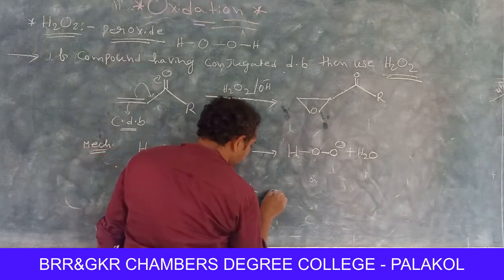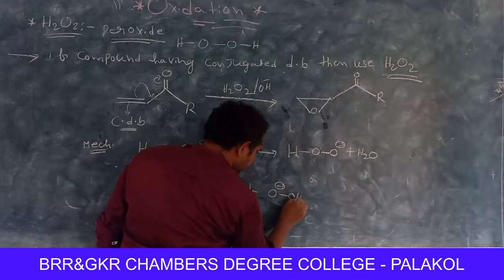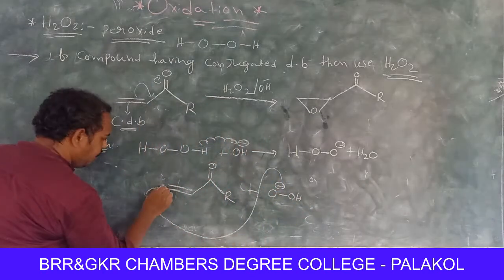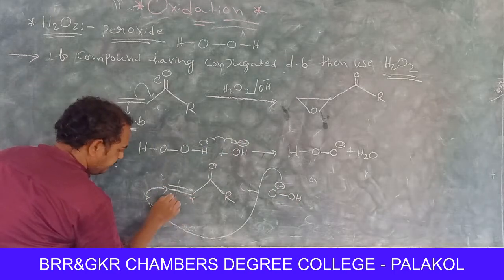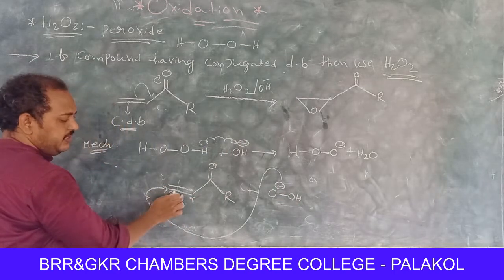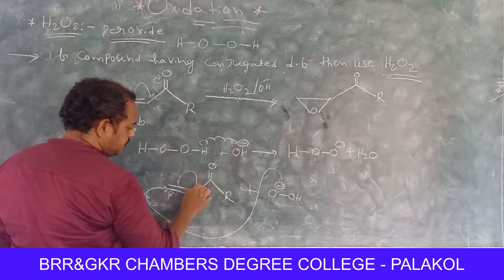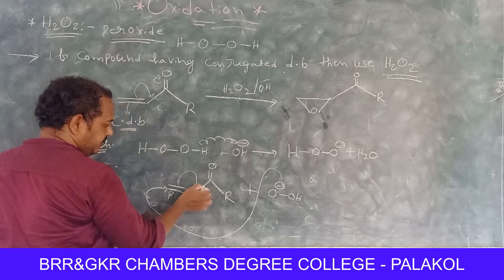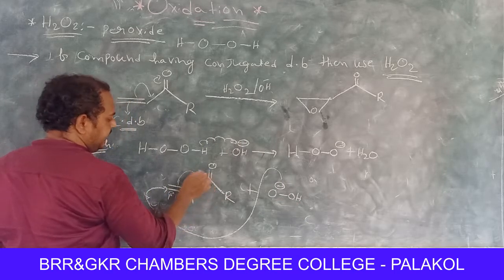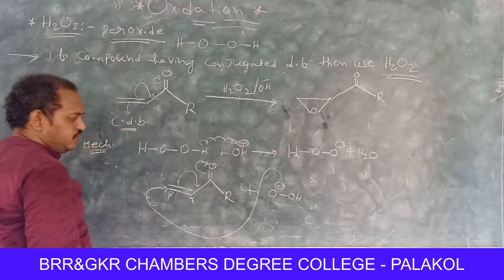Now this OO minus H attacks only at the beta position of the conjugated double bond. Then this bond is shifted toward carbon like this, and this bond is shifted toward oxygen.